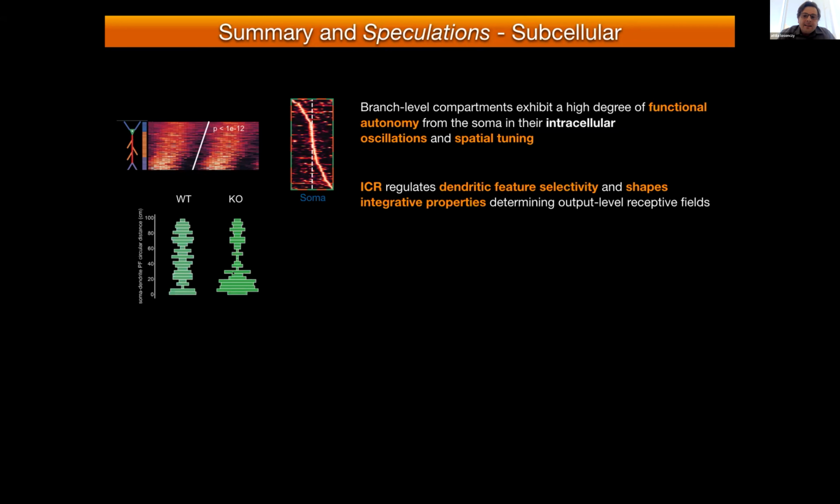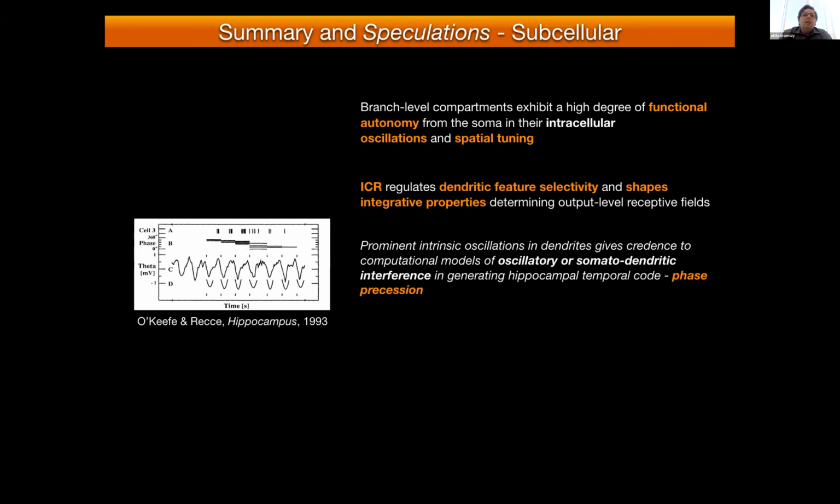And why is it interesting? It's potentially interesting because the prominent intrinsic oscillation we find in dendrites gives credence to computational models of oscillatory soma-dendrite interference in generating hippocampal temporal codes such as phase precession.